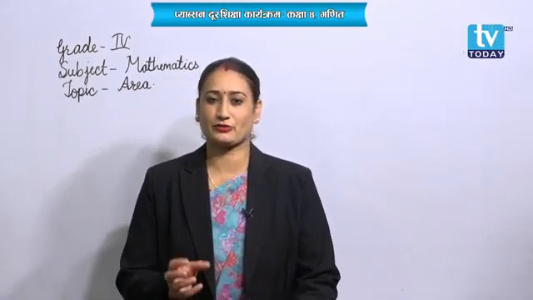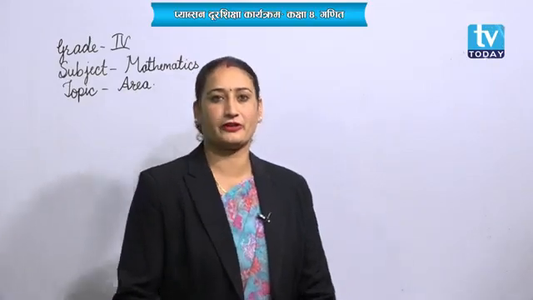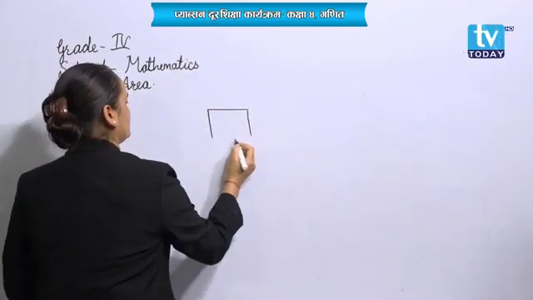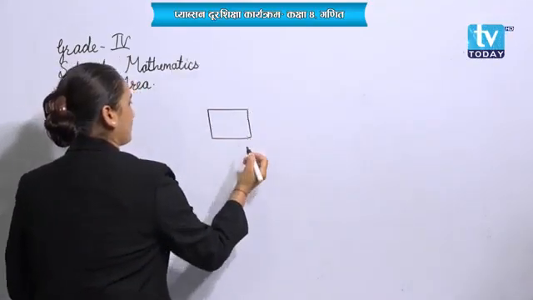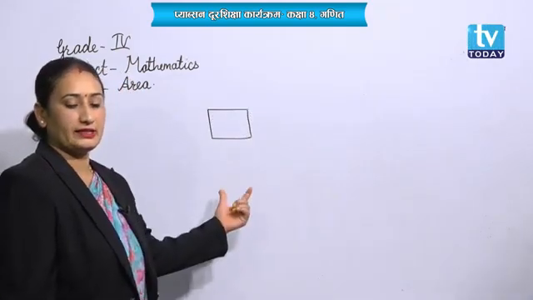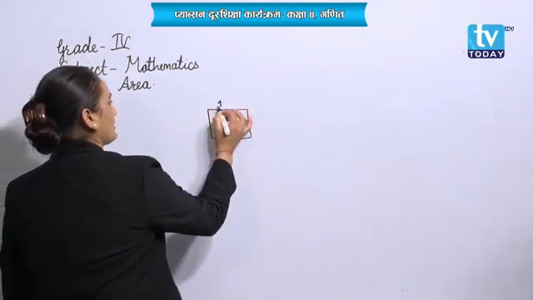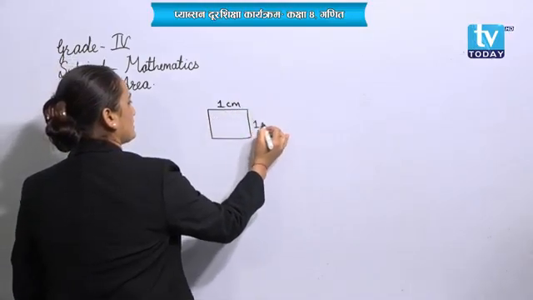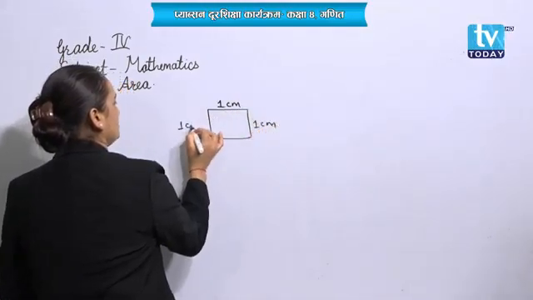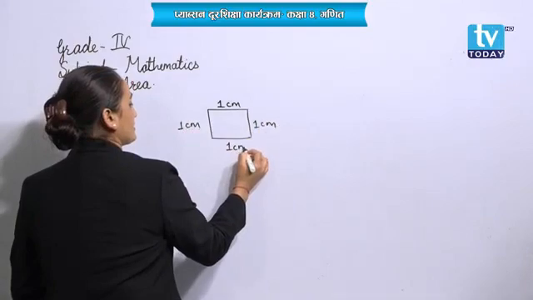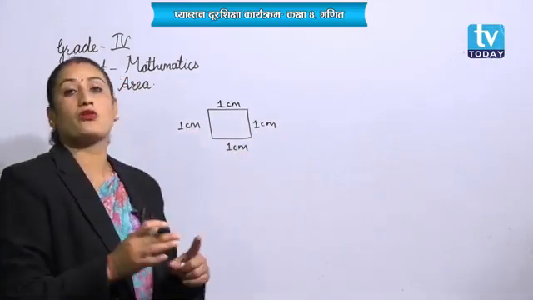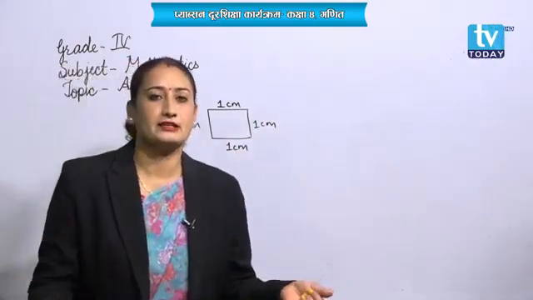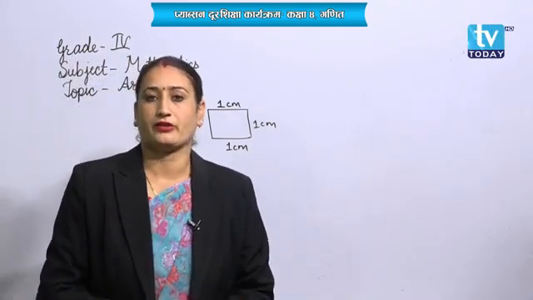Let's learn the area with one figure. I have one figure for you. Okay, it's a square. Its sides are 1 centimeter, 1 centimeter, 1 centimeter and 1 centimeter. That means in a square all the sides have the same unit, right?